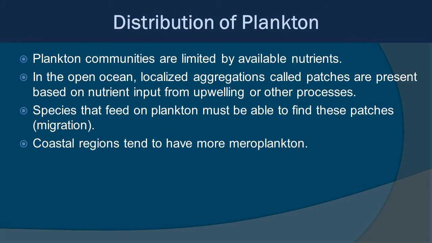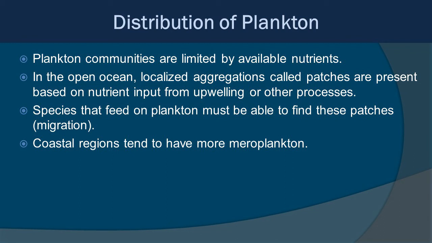Now, plankton communities are limited by the available nutrients. So in the open ocean, localized aggregations called patches are present based on nutrient input from upwelling or other processes. So essentially, wherever you have nutrients and plenty of access to light, you have patches of productivity and phytoplankton, and thus all the rest of the food chain. Species that feed on plankton must be able to find those patches.